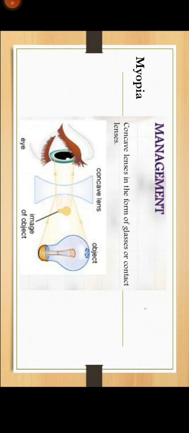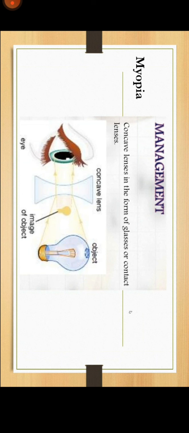Okay, then coming to the management of refractive errors. In case of myopia, we have already told that inside our eye there is a biconvex lens. In myopia, what happens? The power of the lens is increased.